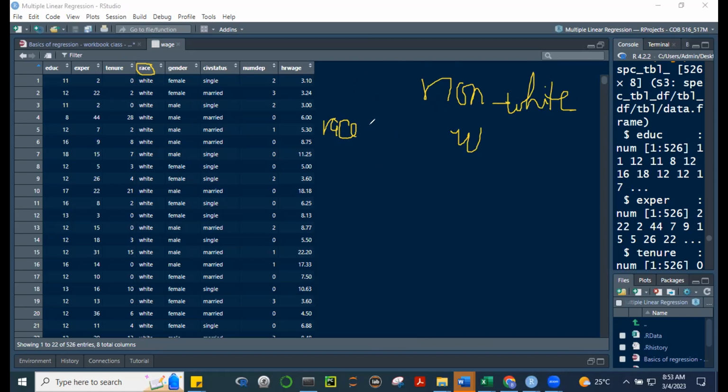R will convert this into what we call dummy variables. It will replace the levels with values of 0 and 1, so it becomes like a numerical variable. Since it's now like a numerical variable, it can now be used as a predictor.